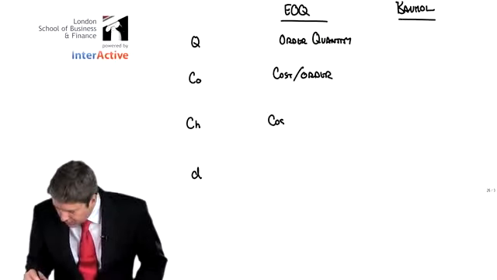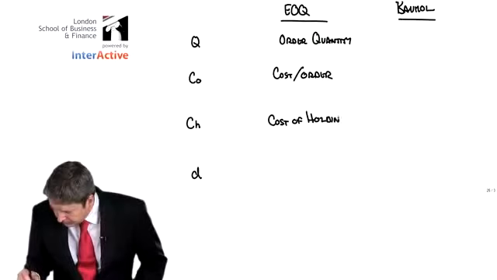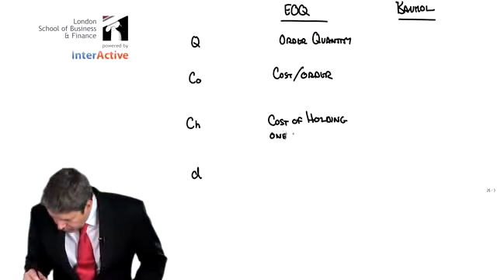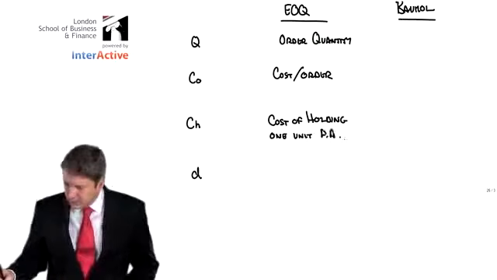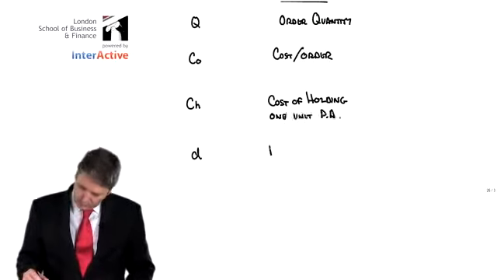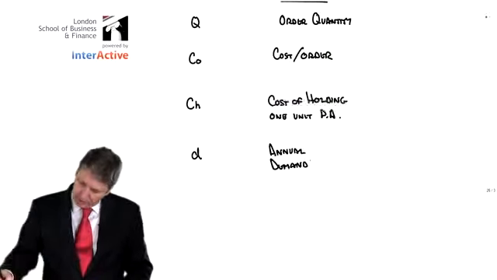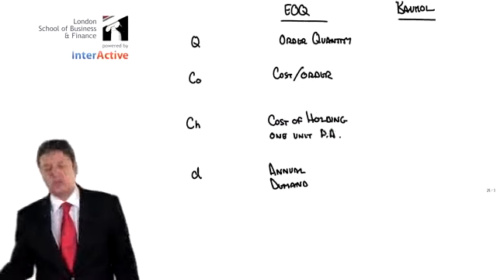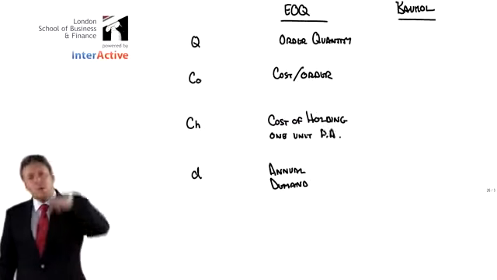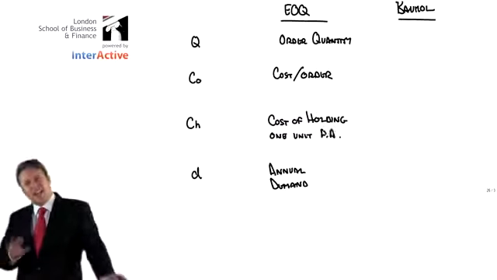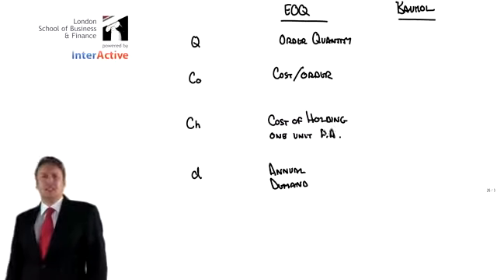CH was the cost of holding 1 unit per annum, and D was the annual demand. Now, we should remember that from our EOQ, no problem there at all. What we want to look at now is how does Baumol differ?